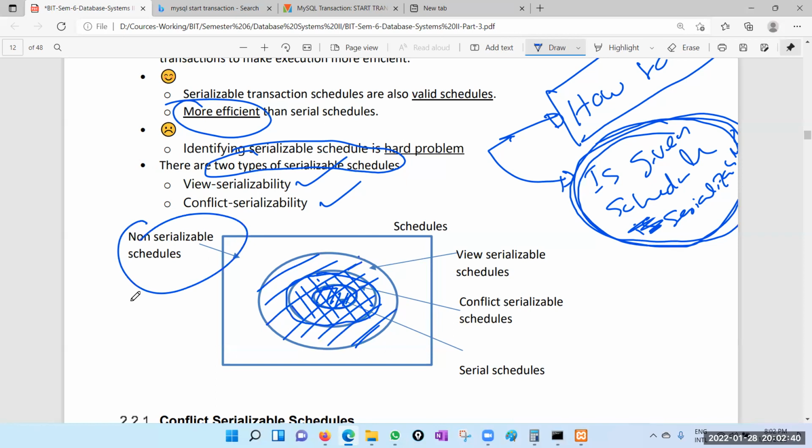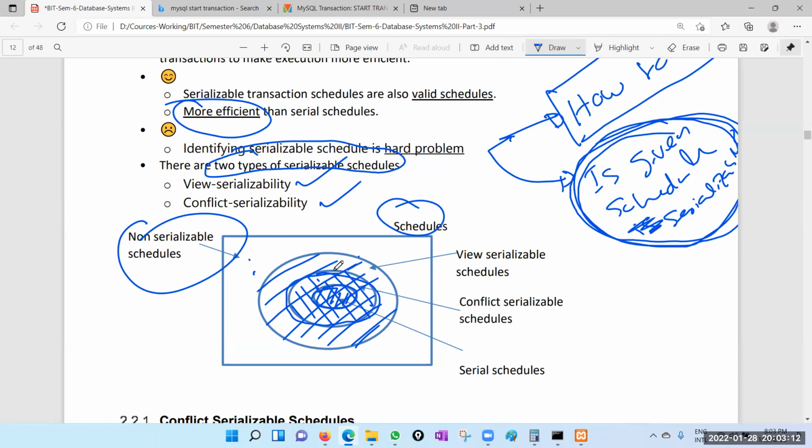With non-serializable schedules there is a chance that the ACID properties are violated. So how can we divide all schedules? Non-serializable schedules and serializable schedules. All the conflict serializable schedules are view serializable. Some of those view serializable schedules are conflict serializable.